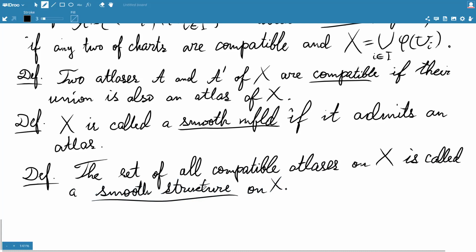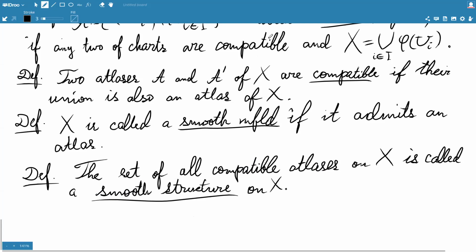Of course, on a given topological manifold, there could be either several or more smooth structures. Why not? And there are examples.